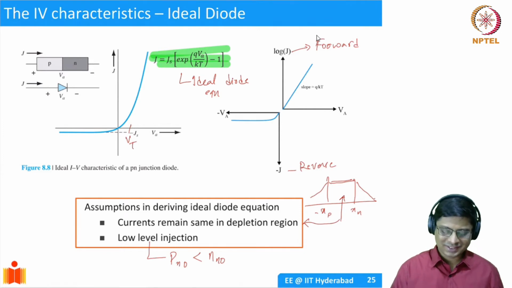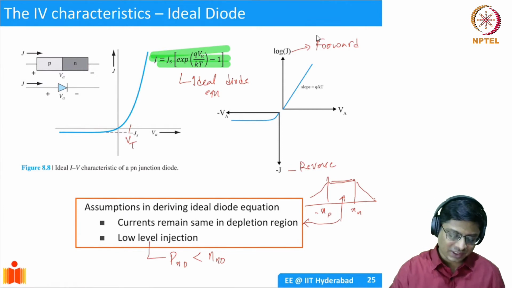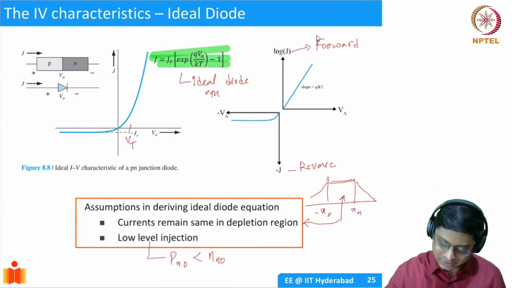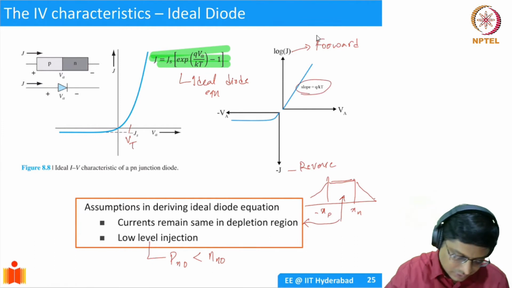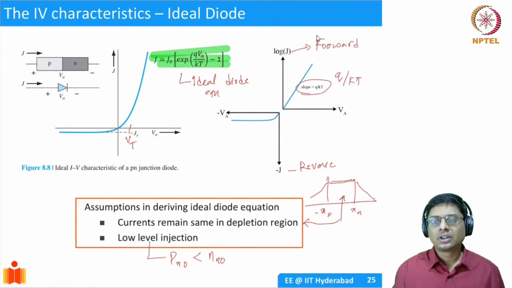It's just a mixed graph, which is why there is this small break in the axis. If you take the logarithm of the current, you will see that the slope is basically q by kT. So you're going to get a straight line if it's an ideal diode, and we'll quickly show that this is never going to happen.